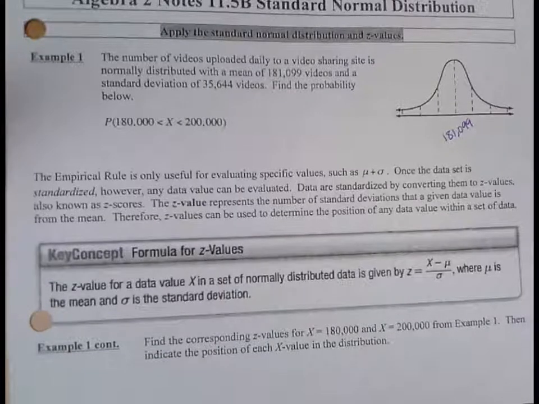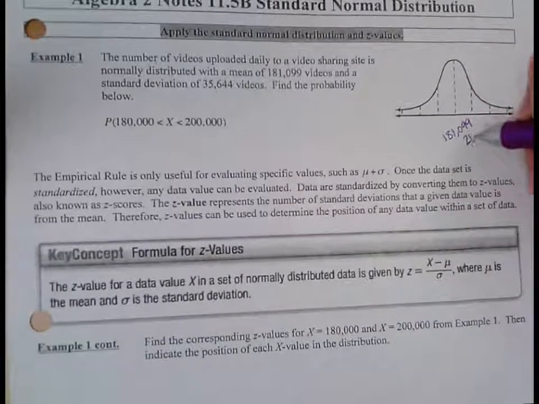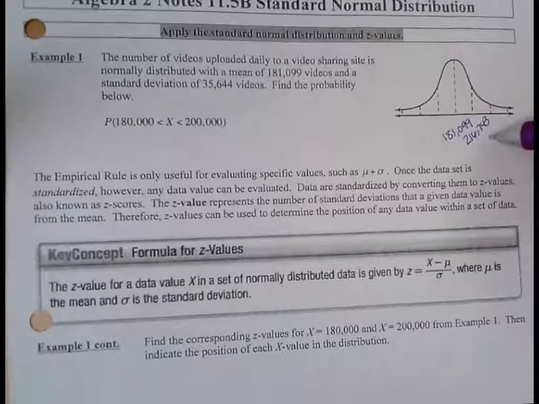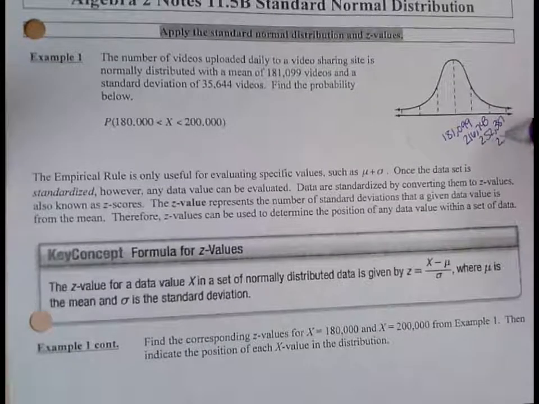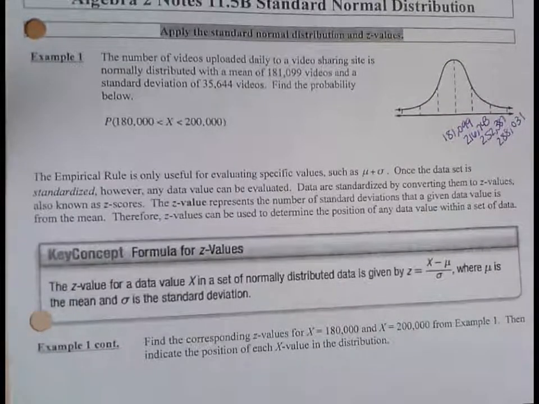One standard deviation above is 216,743. Two standard deviations above the mean is 252,387. Three standard deviations above the mean is 288,031.